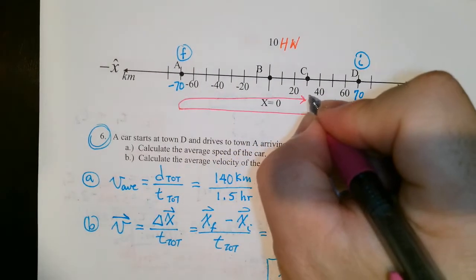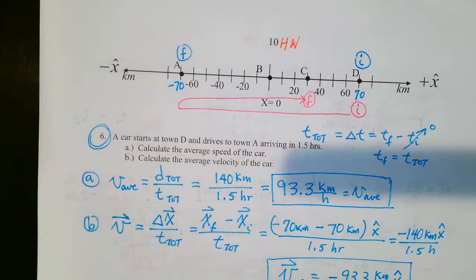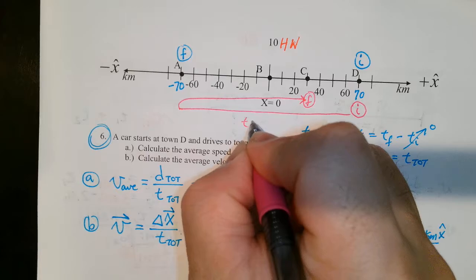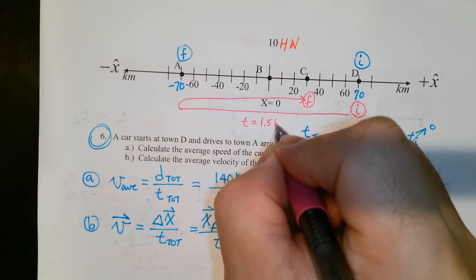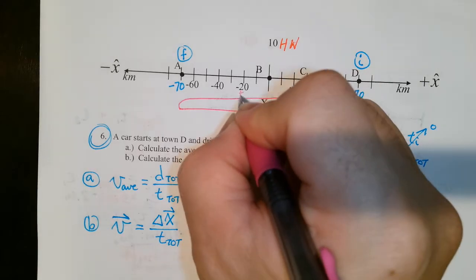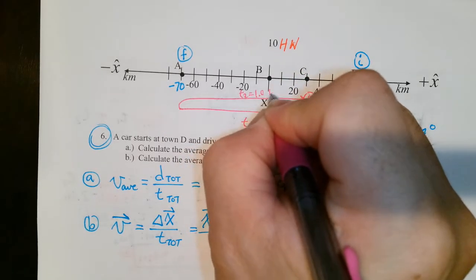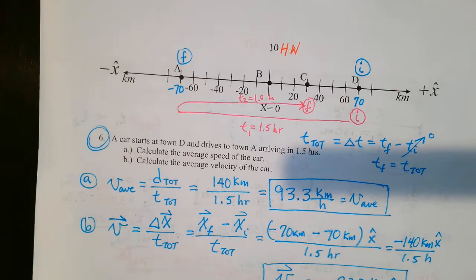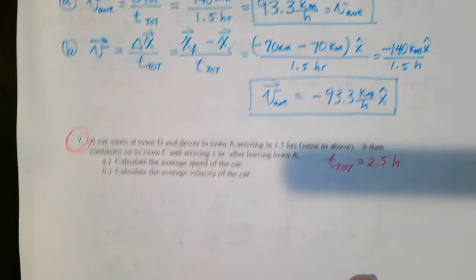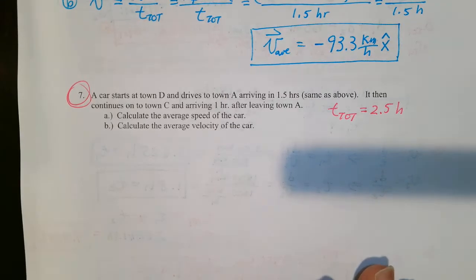And this is our final destination. So time here is 1.5 hours, and time here is 1 hour. So time total is equal to 2.5 hours.